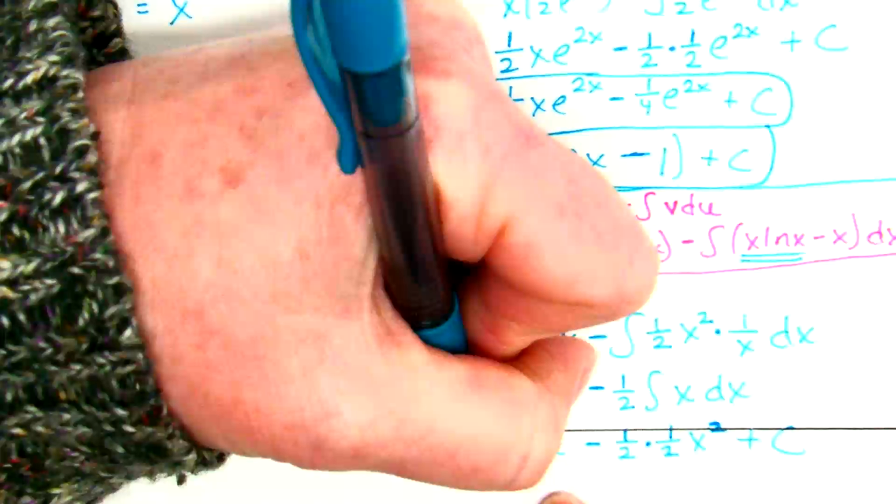You can clean that up a little bit, and then I didn't have my 1/2s multiplied. So 2 options. You could say 1/2 x squared ln x minus 1/2 times 1/2 is 1/4 x squared plus c. That's one option. Like the previous problem, is there a factoring thing you could do here?